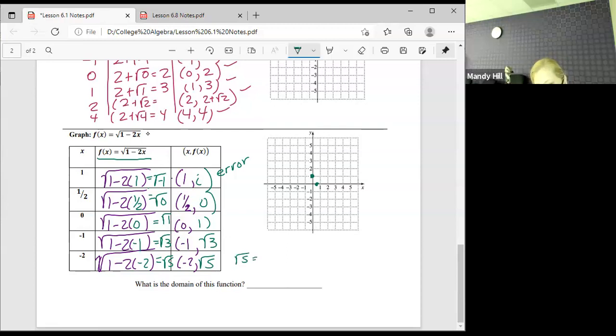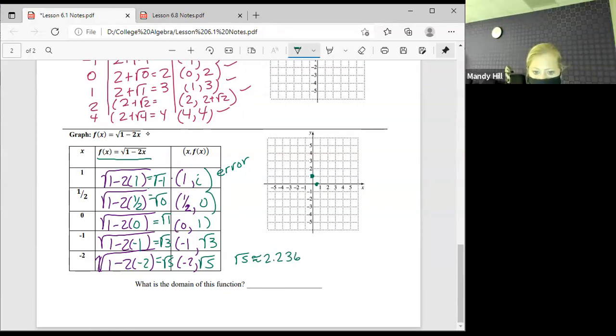And I'm going to look up one of these on my calculator just so that we can get some kind of an estimate, because we really need one other point to plot. Square root of 5 is approximately 2.236.